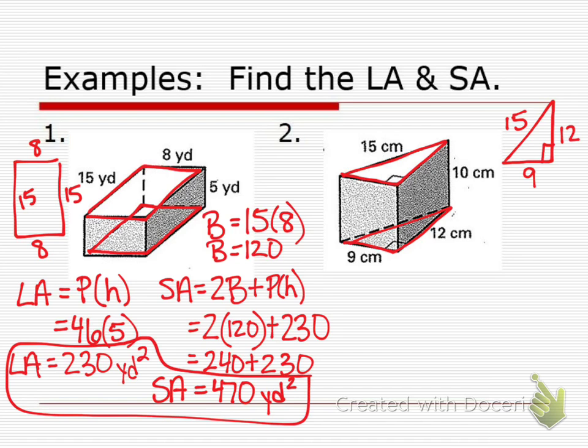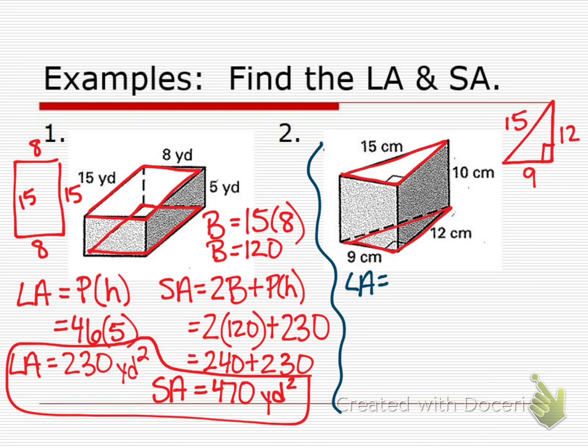Okay, let's start with lateral area again. I'm going to try to switch colors so maybe we don't confuse it with that first problem. For lateral area, we need capital P times H. Capital P stands for the perimeter of my base. So I drew a base off to the side.